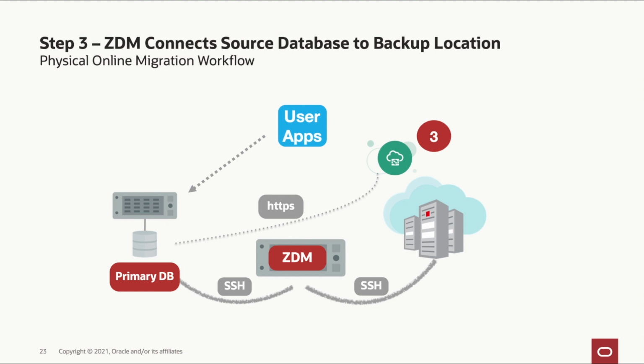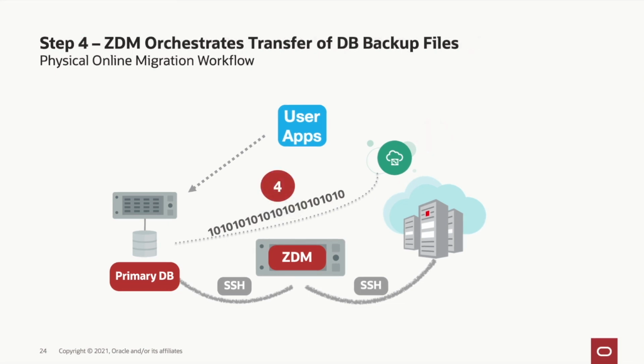So this backup location will be a bucket of object store or object storage in your cloud tenancy. Now, ZDM starts the orchestration of transferring those backup files from the primary database on premises to the backup location in the Oracle Cloud.